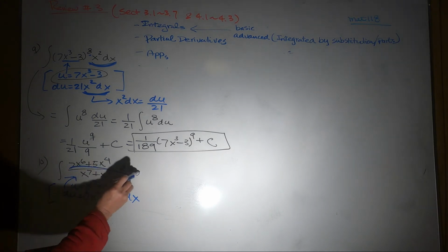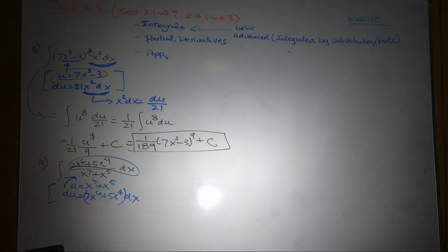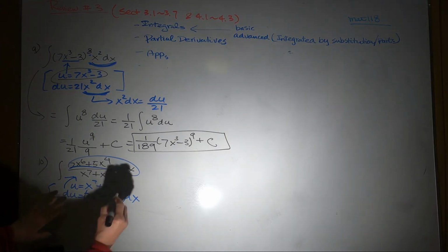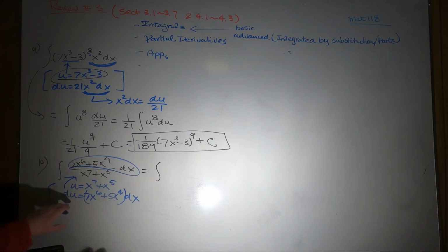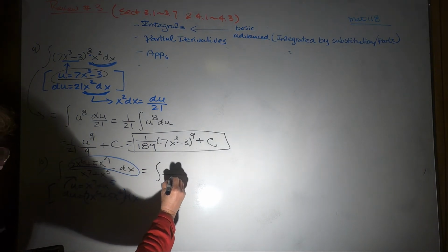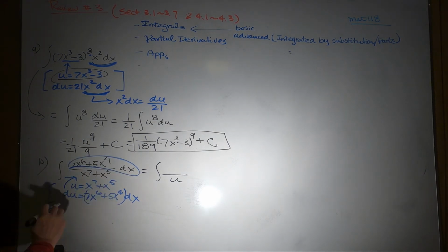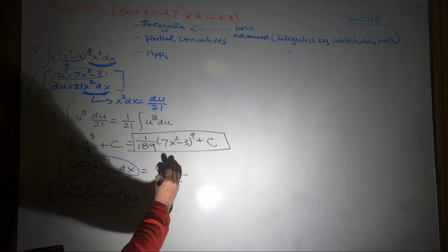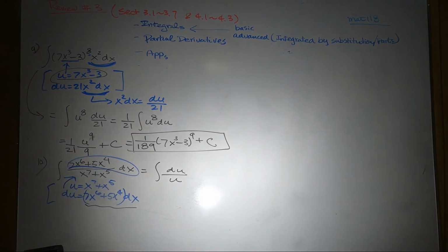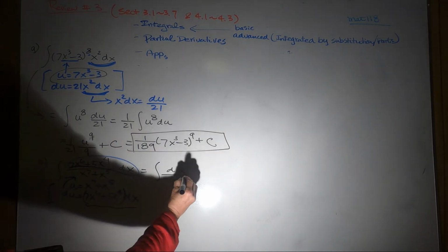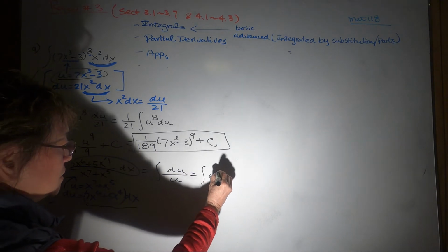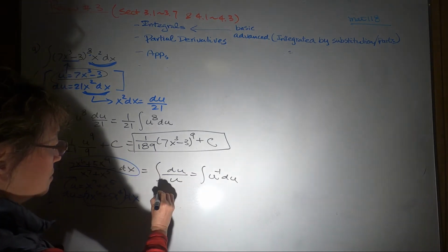Then you can see this portion just like that, so you will replace it by u, right? Then the top whole thing is your du. So that would be the integral of u^(-1) du.